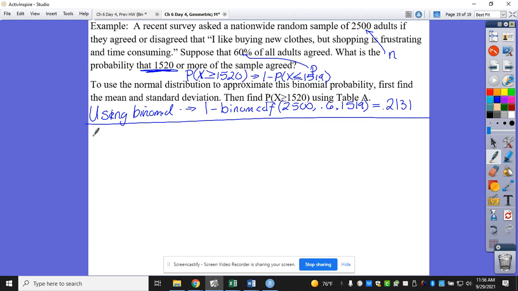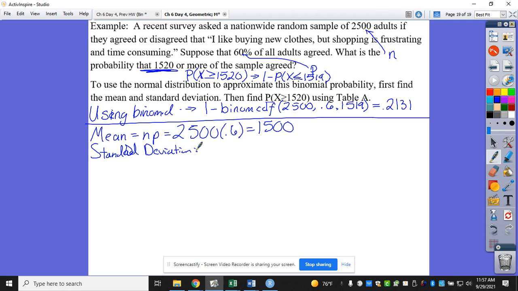Well, now, how do I find the mean of a binomial? What's our n? P. So you said I get what? I get what? Standard deviation, sigma is square root of n times p times 1 minus p.